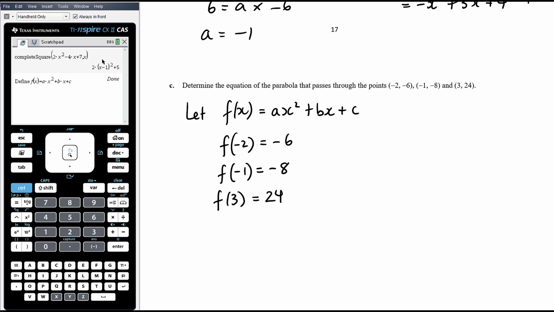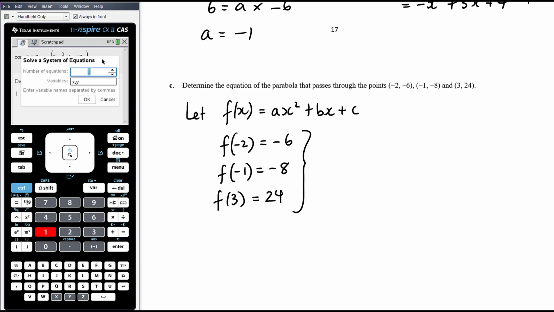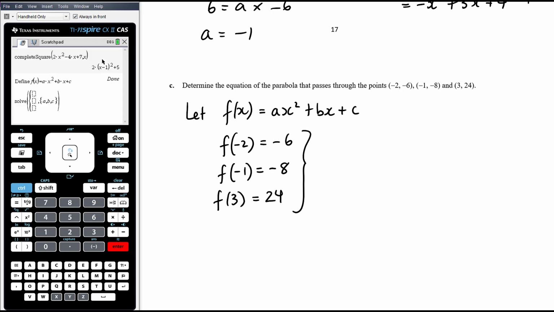Heaps more efficient. You don't need to actually do those substitutions yourself. We'll get our CAS to solve those 3 simultaneous equations, and we don't ever need to see the equations. So we're going to have simultaneous equations, menu 3, 7, 1. There'll be 3 equations, and the unknowns in those equations will be the coefficients a, b, and c. My first equation, having defined the general form of the function, will be f of -2 equals -6.